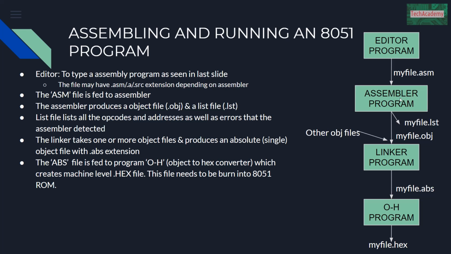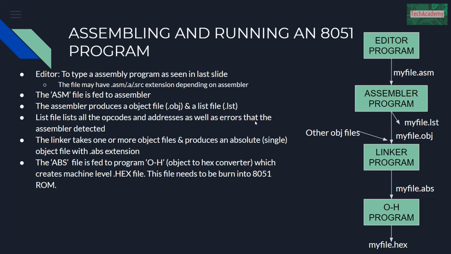Then this assembler program will process this file and generate two files, that is myfile.lst and myfile.obj. So two files get generated for a single ASM file, that is the list file and the object file. The list file lists all the opcodes and addresses as well as errors that the assembler detected.